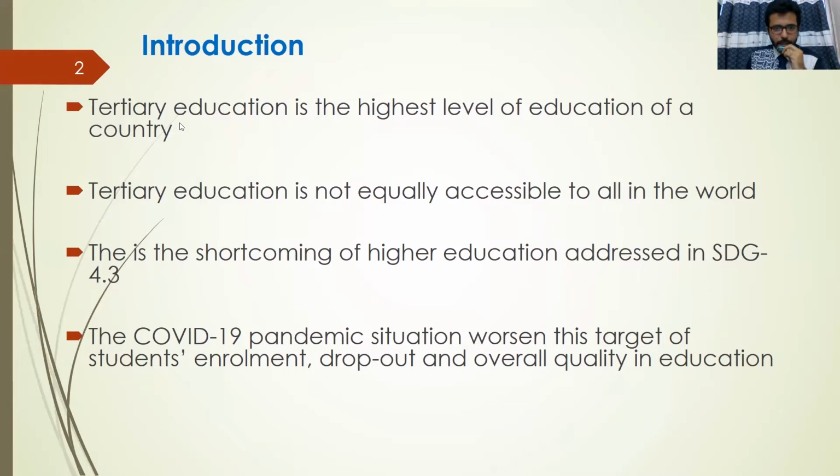Tertiary education is the highest level of education, but the problem is it is not accessible because of the higher cost and the image of the university as being for the rich class. And the COVID-19 pandemic also worsened the situation of student enrollment in universities.